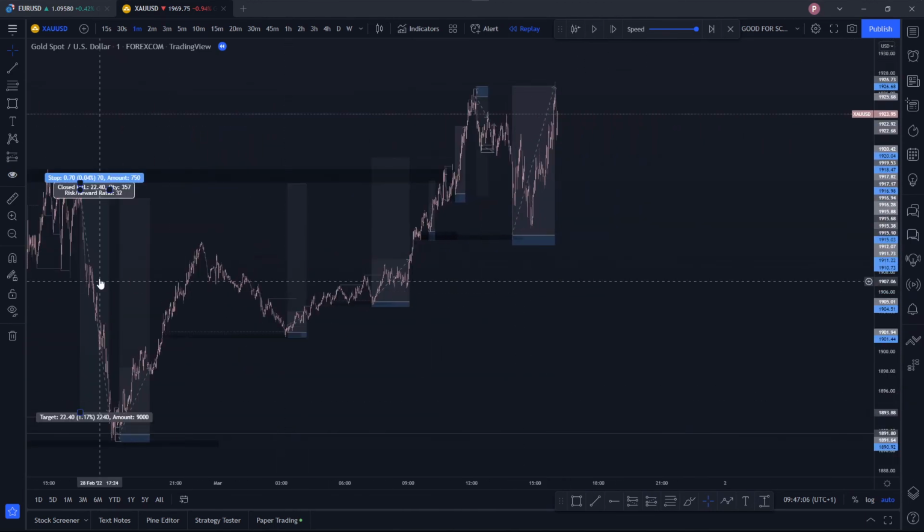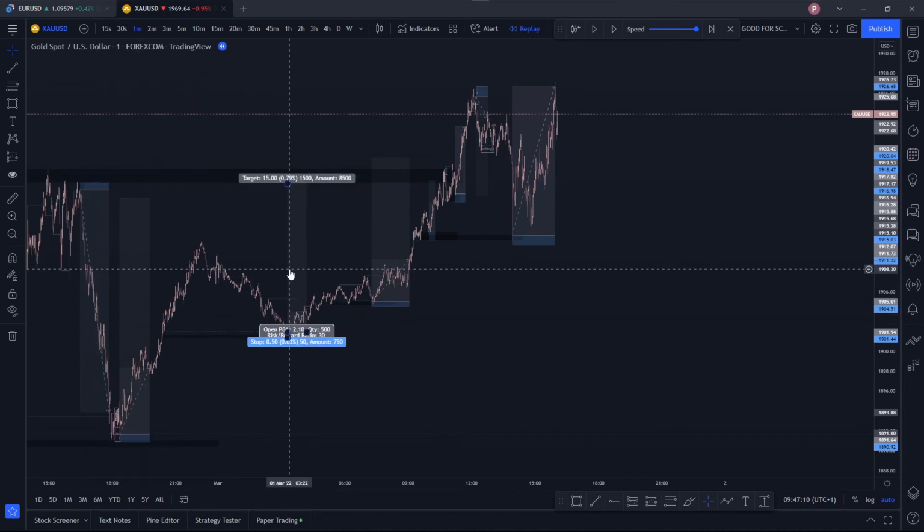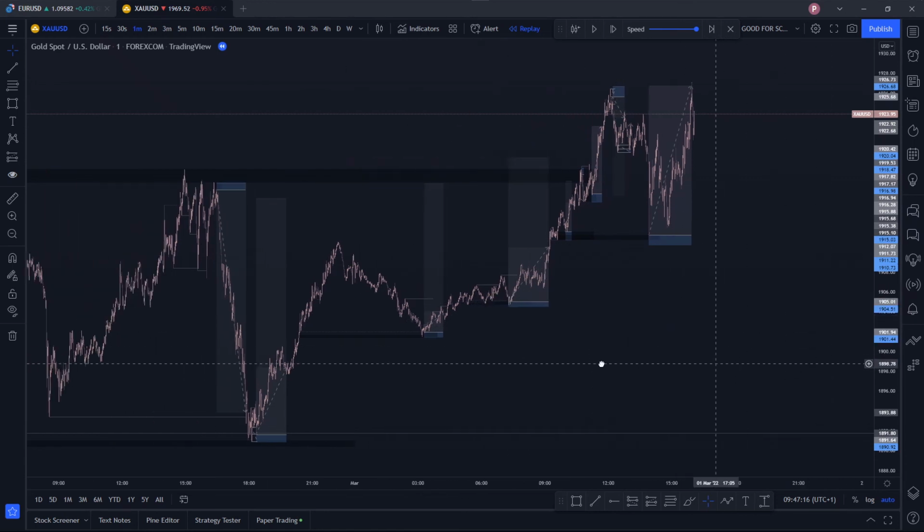Look at this. I had a 32R here, 33R here, 30R here, 29R here. It's insane what price can do for you.